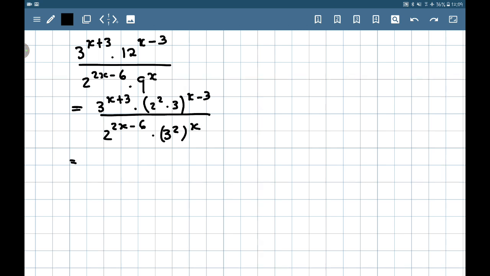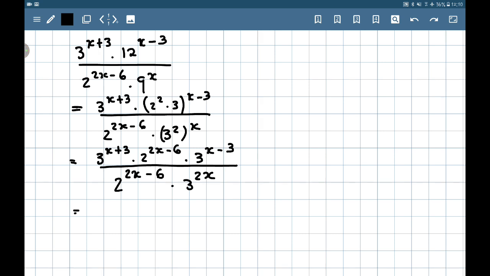And then, after finding the prime bases, you apply the rule: when you raise a power to a power, you multiply the powers. So this is now 2x minus 6 multiplied by 3 to the power 2x. Before you divide, the numerators have to be simplified, all of them, right?